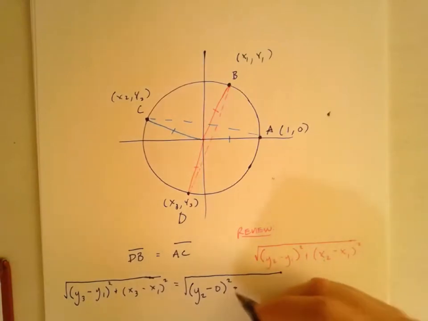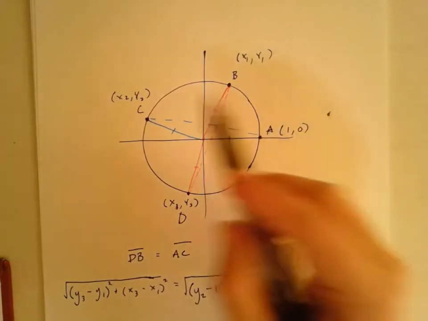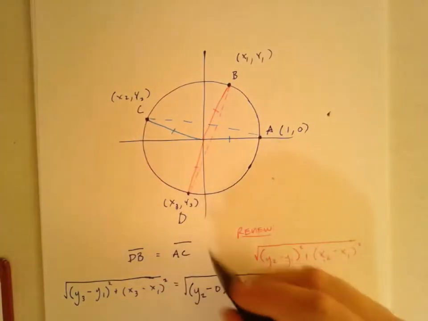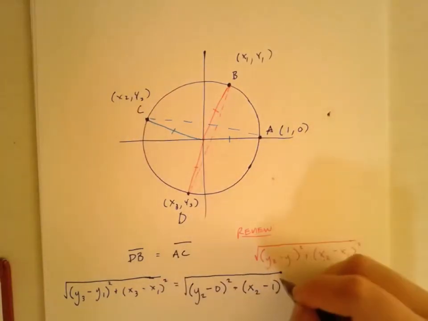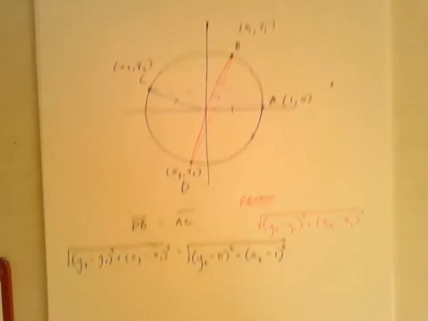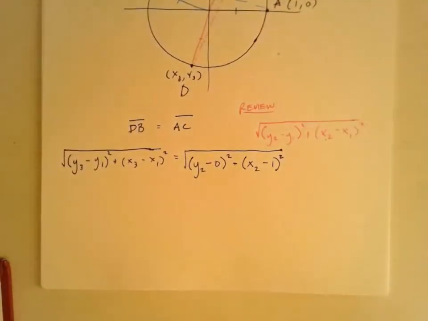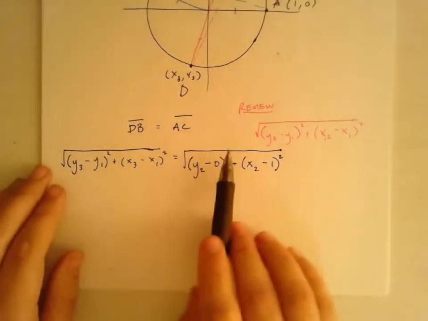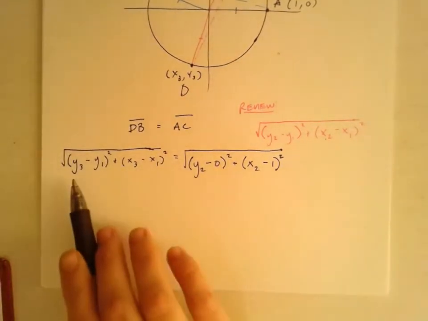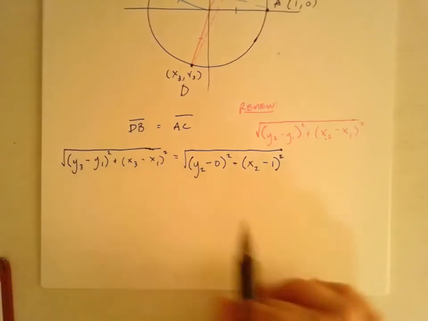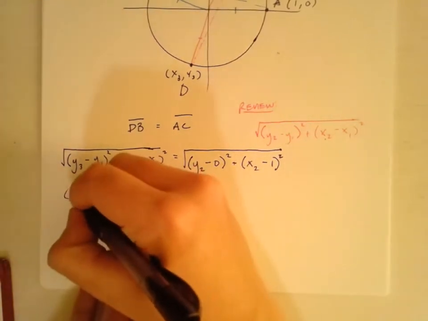And then I say plus, and I do x sub 2 minus 1, and I square it. And now what I've done is I've expressed DB and AC in terms of the distance formula. And what I've created for myself here, first of all, is a radical equal to a radical. So the first step I could take here is essentially squaring both sides of this and getting the following equation.